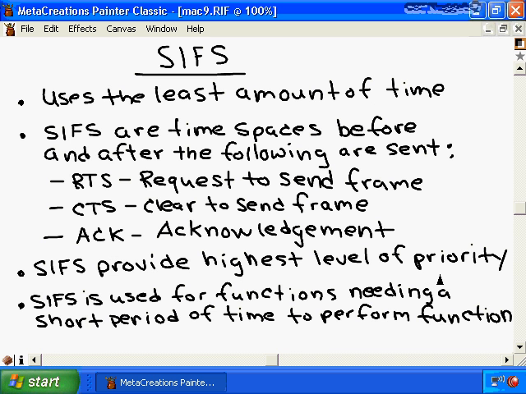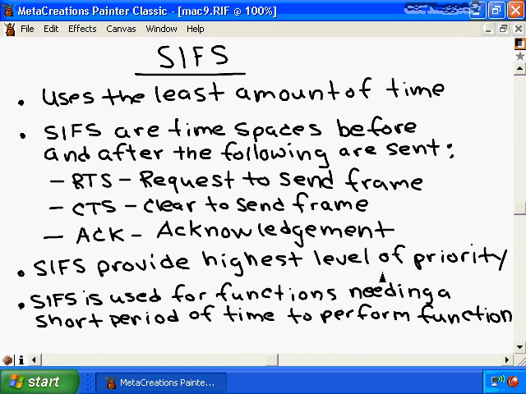The amount of time that a station has to wait before it sends the frames is determined by the function that the wireless station needs to perform. And these functions fall into different interframe spacing categories. Functions that are a high priority fall into the SIFS category of interframe space. So sending an acknowledgement frame is a high priority task, and as a result it falls into the SIFS category and gets a high priority.